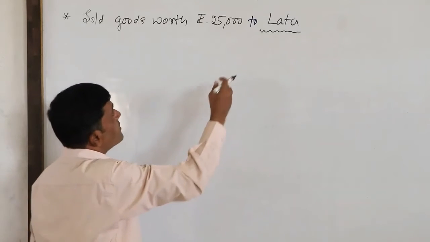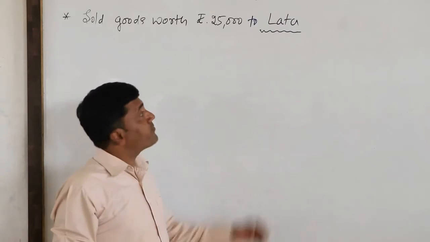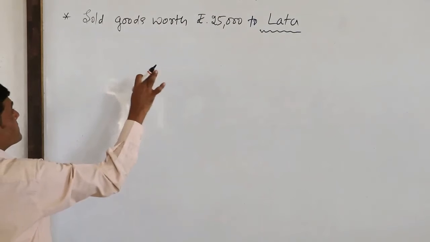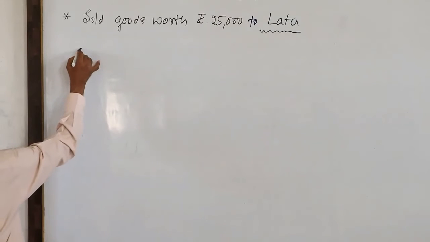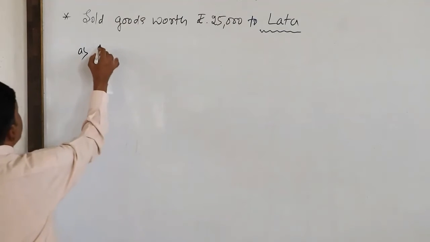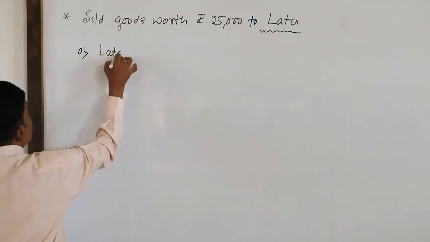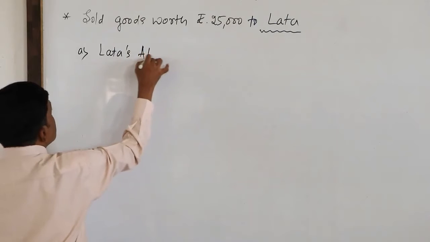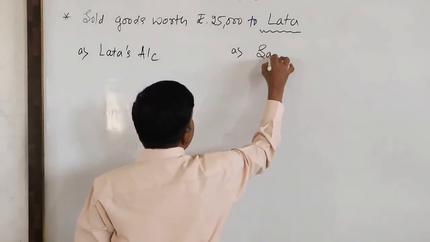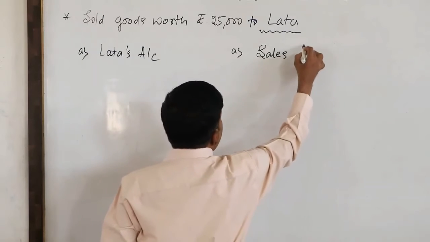So have they mentioned that we have received the cash from Lata? No, not at all. That is the reason it is credit sales. So instead of cash, we need to write her name, Lata's account. This one is sales. So now I am not going to write the goods.